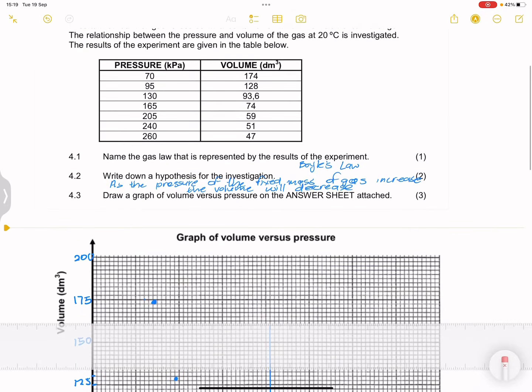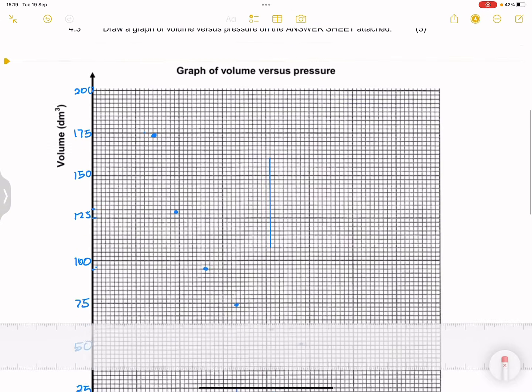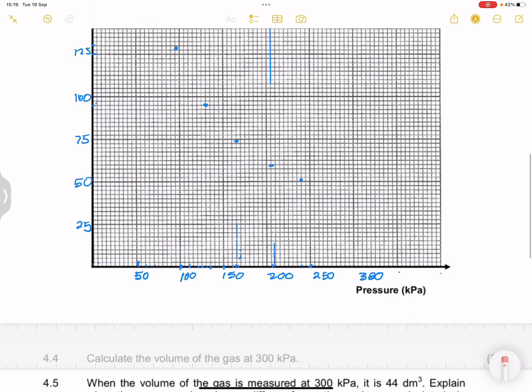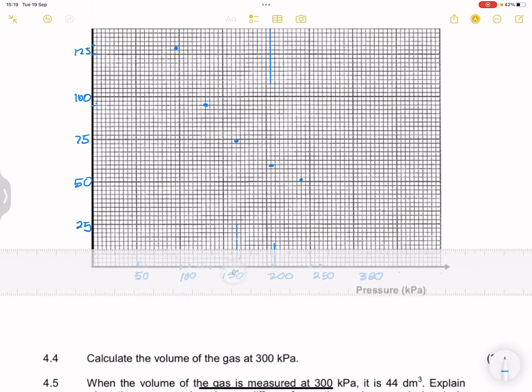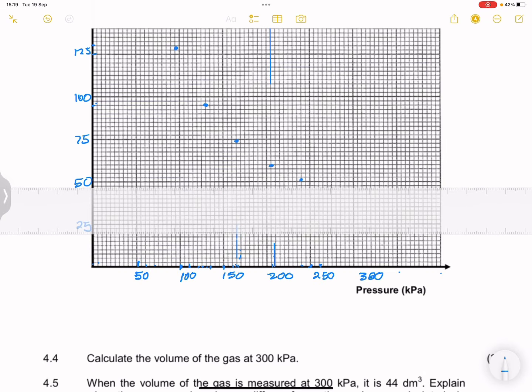And the last one, we're at 260 and 47. Okay, so 260, right? There it is over there. So we've got 260, and 47. Okay, so we know that we would be at 47.5 there.